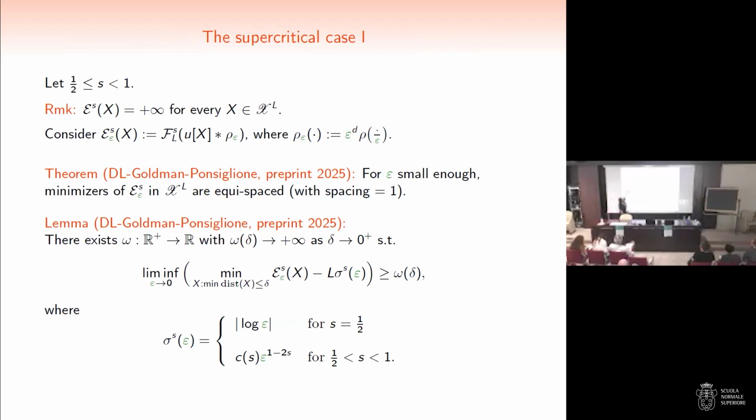In order to do this, I do a regularization that is slightly different with respect to what we have done with Emanuele. Namely, I define an energy that depends on a certain parameter epsilon, defined as the fractional Gagliardo seminorm of the function u regularized with this convolution kernel rho epsilon, that is a standard mollifier. So what's the comparison with the paper with Emanuele?